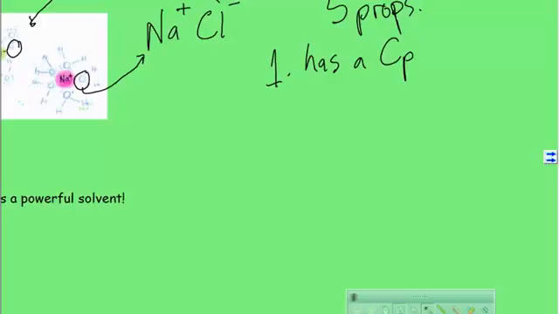It's what it takes to raise 1 gram of anything 1 degree. There are 2 different units, but specific heat is the value. A calorie is just a quantity unit. Water has a specific heat of 4.18 joules per gram per degree Kelvin.